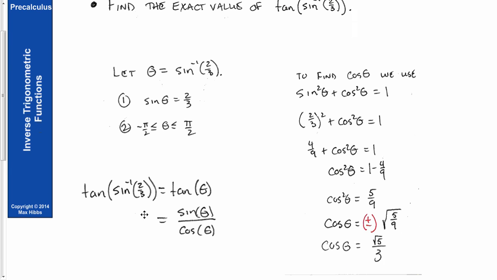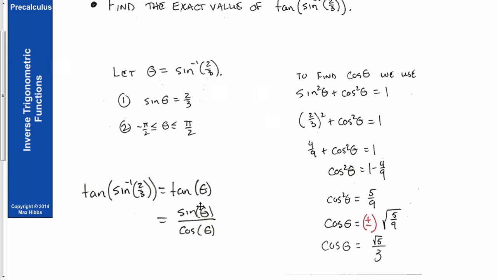Let's look down here. So rather than finding the tangent of inverse sine of 2/3, when we call inverse sine of 2/3 by the name theta, then we're actually left with finding the value of the tangent of theta.